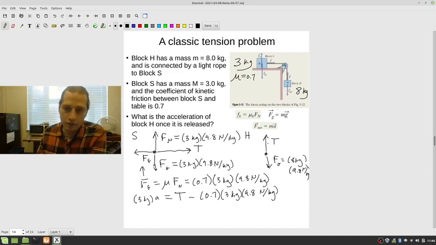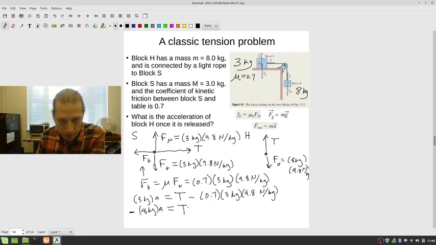On the other hand, acceleration is going to be pulling me downward here, so I'm going to bring out my minus sign. Minus 8 kilograms times A equals, here tension is pulling you up, minus the force of gravity, which is just going to be 8 kilograms times 9.8 newtons per kilogram.